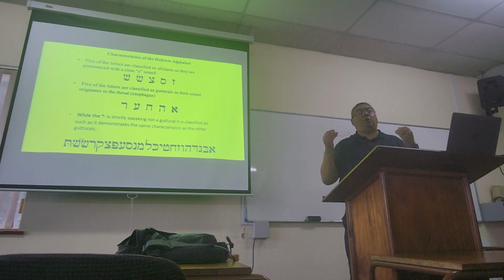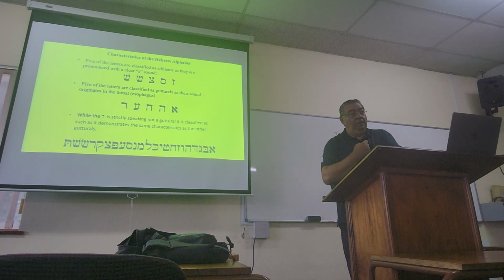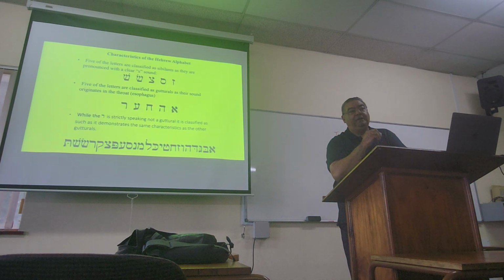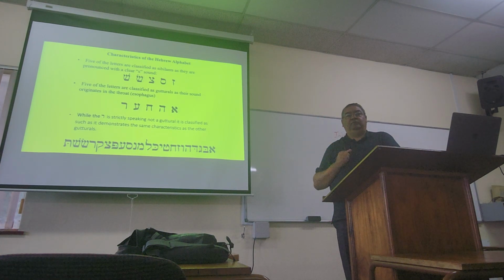Well, the best approximation that we have is to say consonantally, aleph as a guttural, its sound would have to start in the esophagus, come through the larynx, and it is the sound of air coming out of your larynx that is briefly stopped in the back of your throat, and then you open up your throat again. So the sound that an aleph would have made would be something like this. That would have been an aleph.